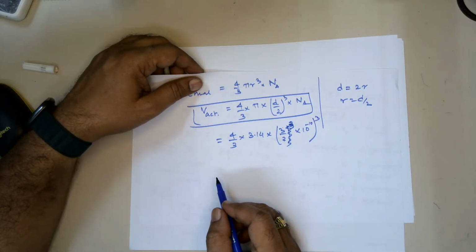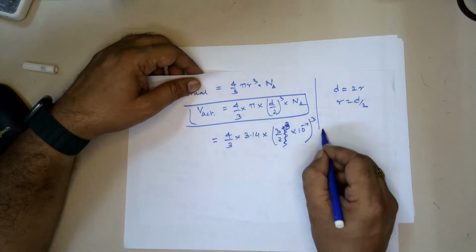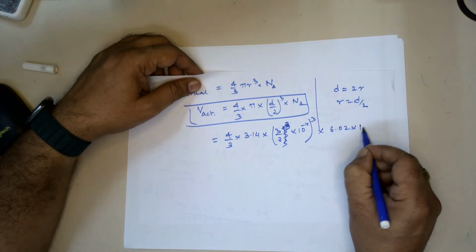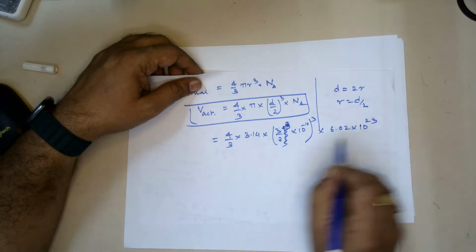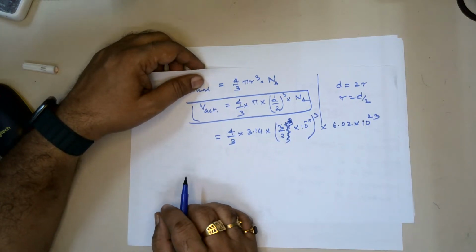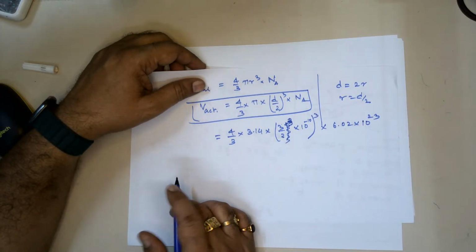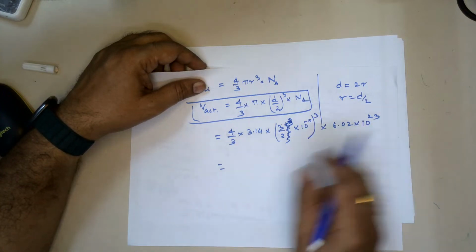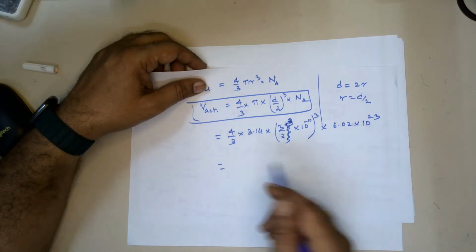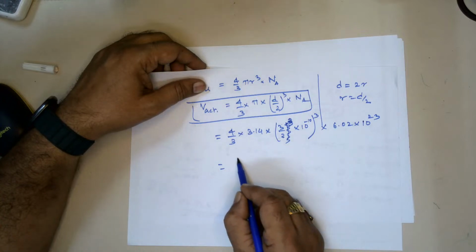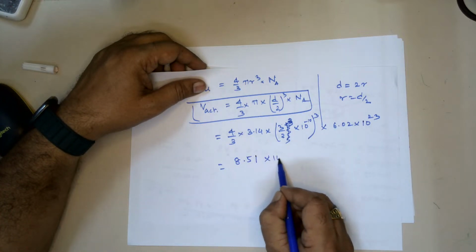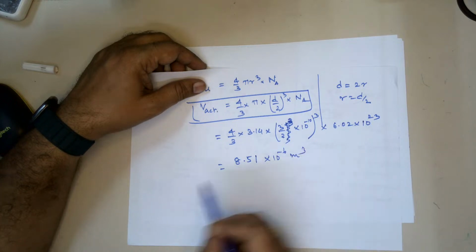And then into 6.02 into 10 power 23 cubic meter. Are you able to follow? So when we solve all these things, you can use the calculator or the logarithm table. You are able to get the answer 8.51 into 10 power minus 6 cubic meter.